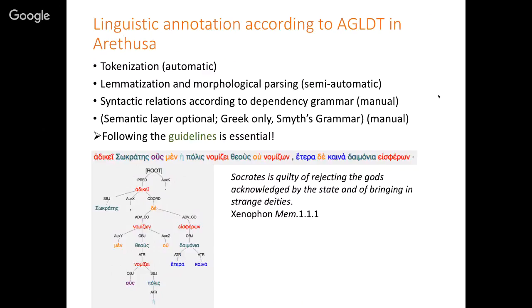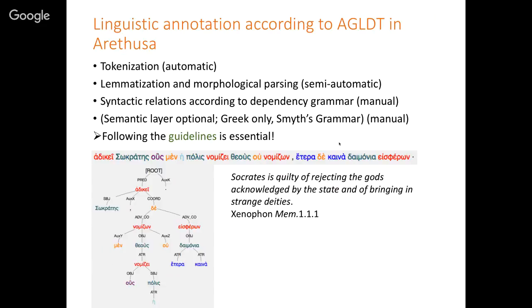So this tree diagram here on the left shows the syntactic tree of this sentence here from Xenophon. So Socrates is guilty of rejecting the gods acknowledged by the state and of bringing strange deities. And the adike, the verb, is guilty, is here the root, and then Socrates is depending on this verb as the subject.